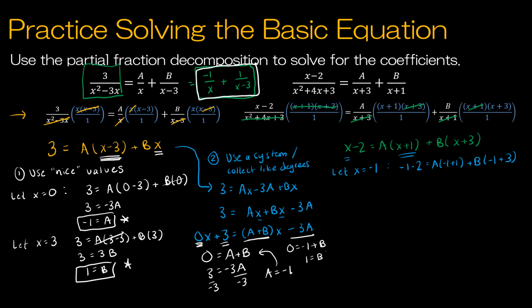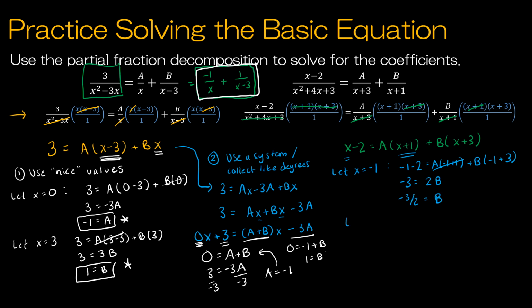So on the left-hand side, -3. -1 plus 1 is 0. -1 plus 3 is 2, so I get 2b. And so dividing by 2, I get -3 halves. Oops, -3 halves is equal to b.